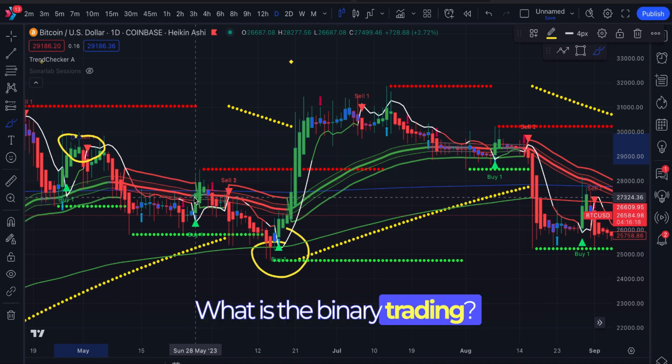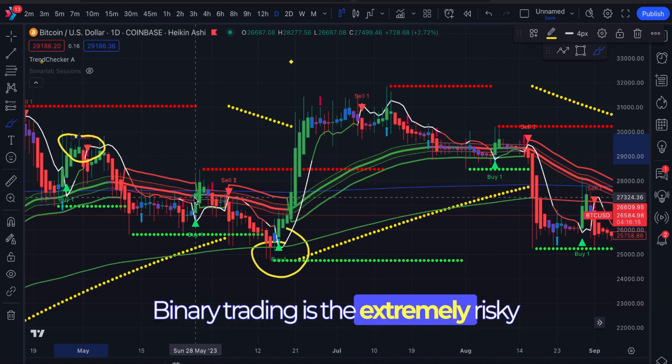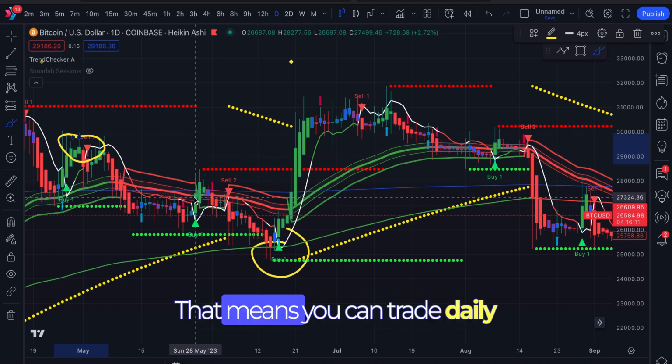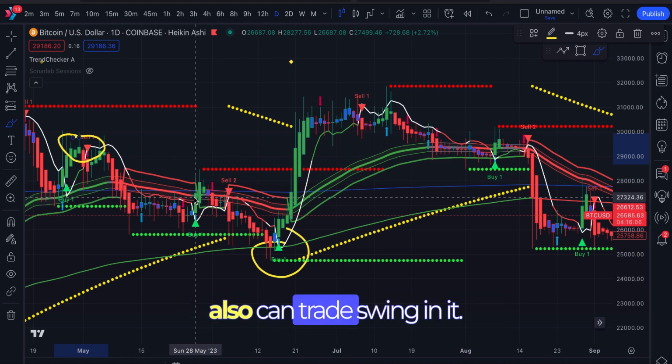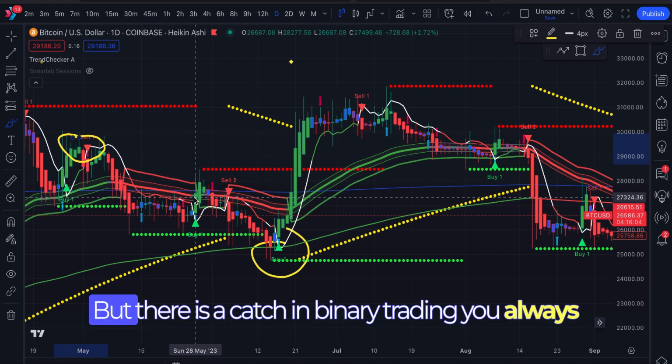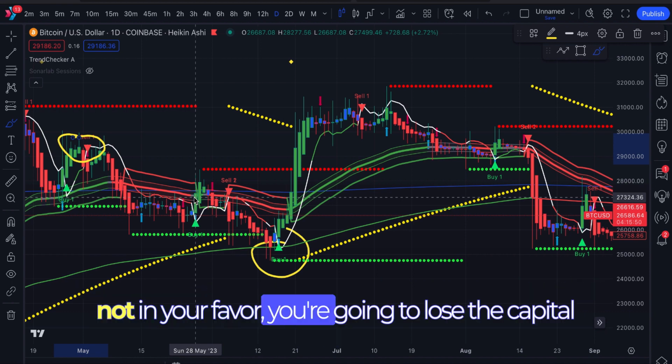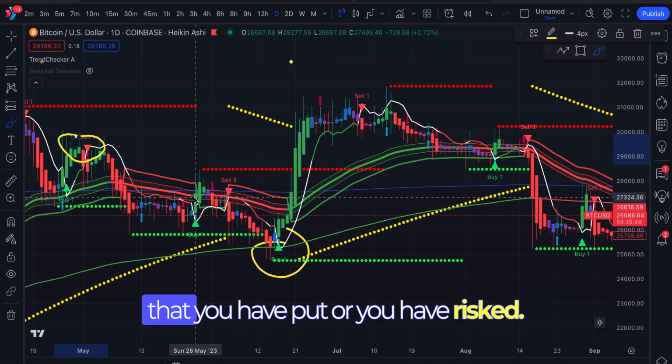What is binary trading? Binary trading is the extremely risky format of all in trading. You can trade daily, and can also swing trade in it, but there is a catch. In binary trading, you always have an expiry, and when the expiry happens, if the market is not in your favor, you are going to lose the capital that you have put or risked.